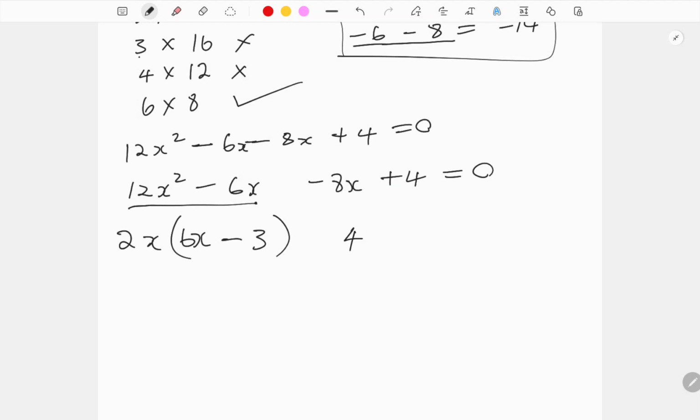The common factor is 4. It's going to be minus. When you take this common factor, you have 2x, because when you multiply minus 4 and 2x, they give you minus 8x. And then minus 4 out, you need to have positive 4, so it's negative 1, equals 0.